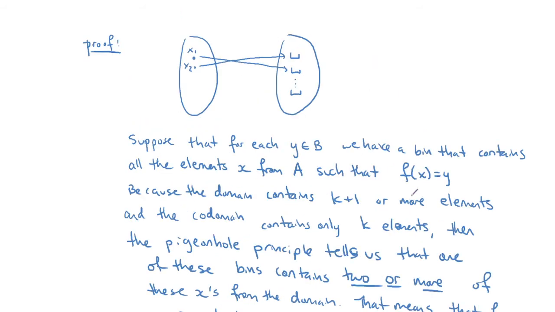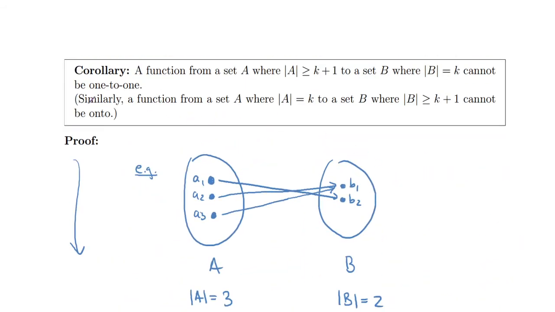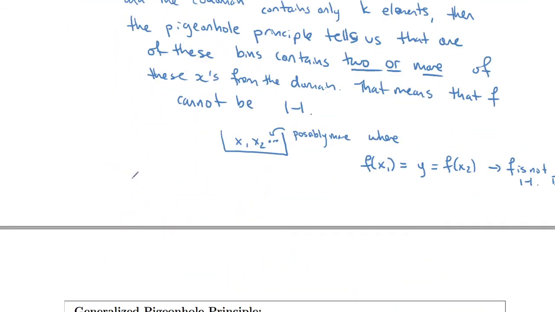Okay? And then similarly, you can actually play this game to show that a function from a set with k elements in it to a set with greater than or equal to k plus 1 elements cannot be onto. So let me just draw kind of a picture for that other one, and you can try to think about the general proof of that.